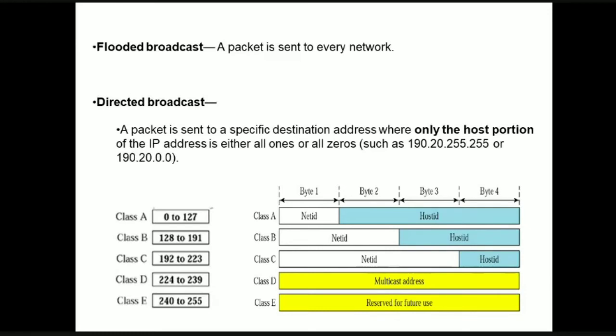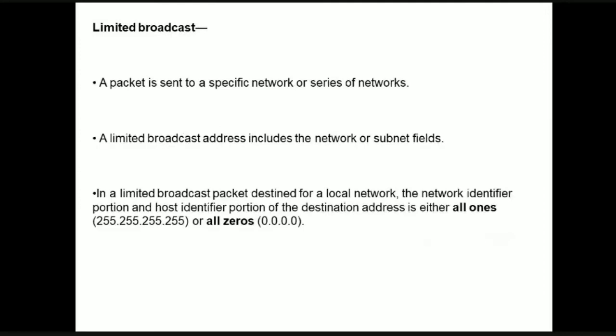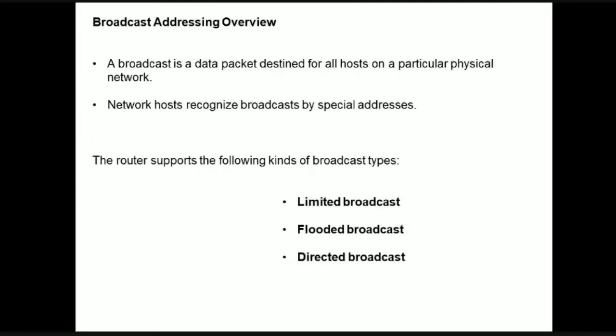So only the host ID part is kept with all ones, that is 255.255, or with all zeros, 0.0. For that reason, this directed broadcast is either 190.20.255.255 or 190.20.0.0. Okay, so these are the different types of addresses: limited broadcast, flooded broadcast, and directed broadcast addresses.